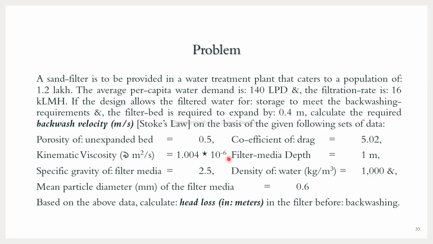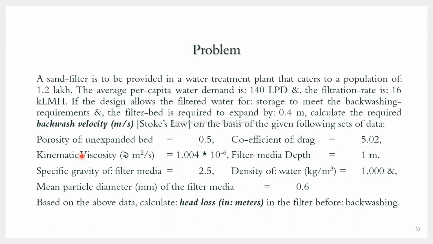If we are considering the Reynolds number, the formula of Reynolds number is d v rho by mu. That means d v by nu, because mu by rho is nu, right? So d v by nu, the v you have just calculated from Stokes law, right? So that v you take, then it is the particle Reynolds number. The particle diameter you have to multiply and divide by this nu. So then you will get the Reynolds number.